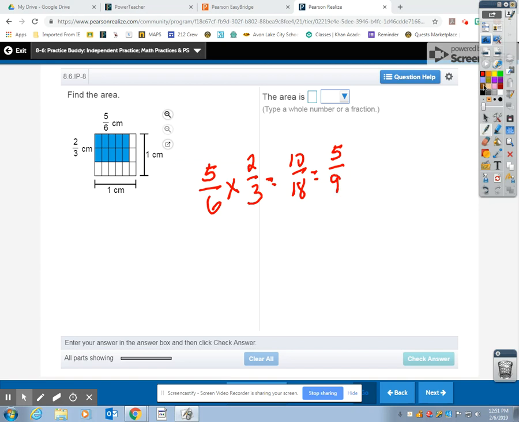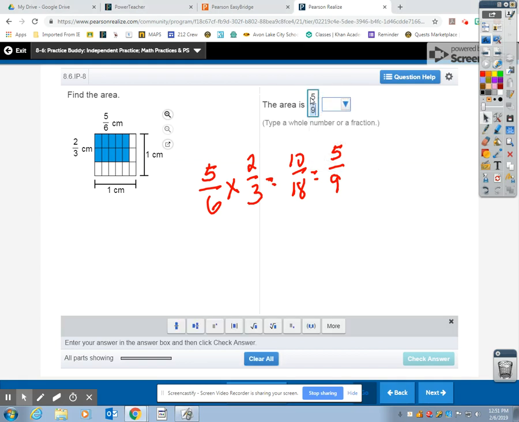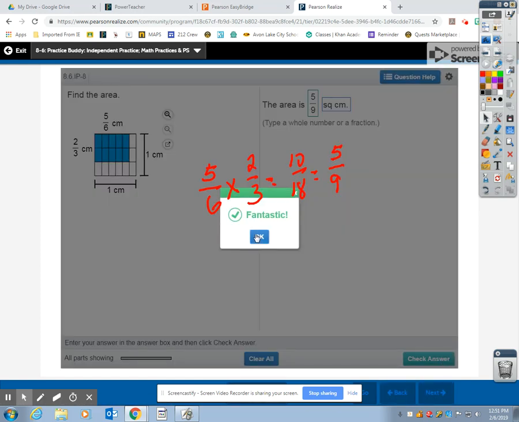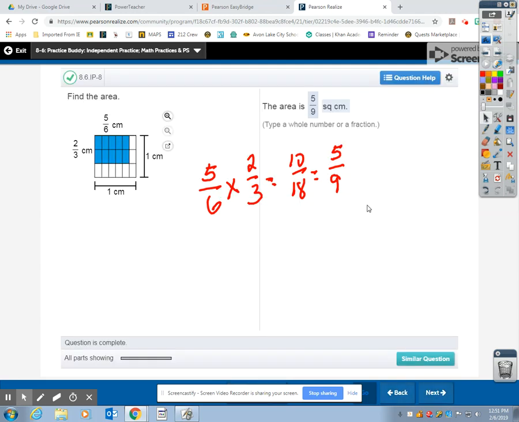We're going to type that in and see if it accepts it. And it should, 5/9. I change that to square centimeters, check my answer, and I get a fantastic. So it will take both 10/18 and 5/9. If you're in my plus class, you have to do it simplified.